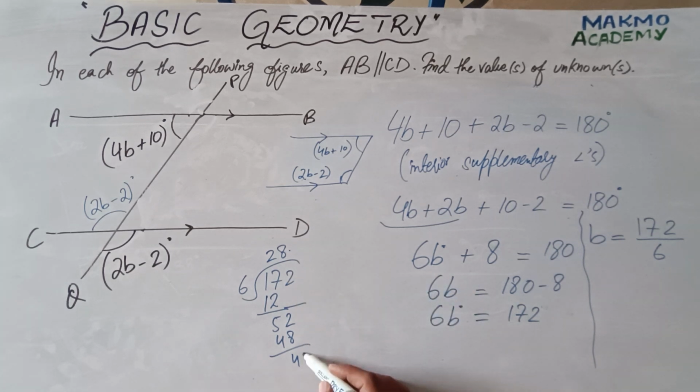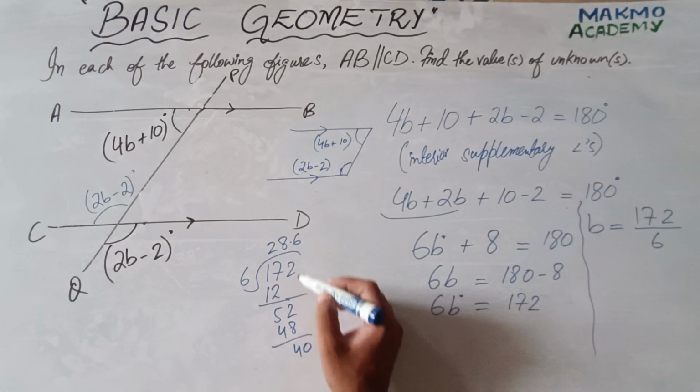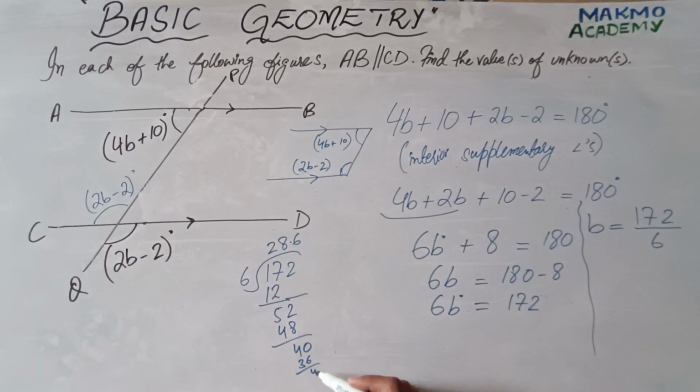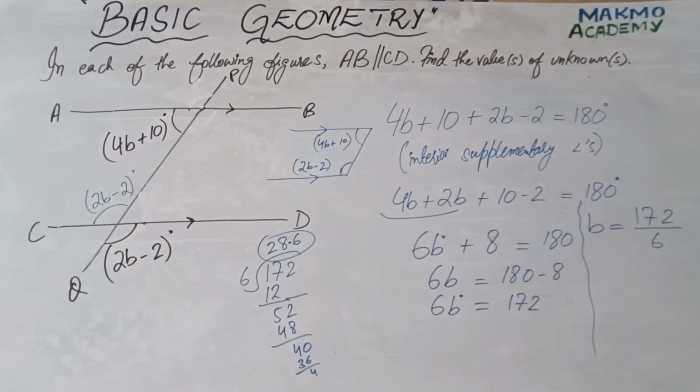Put a decimal point. 0. 6 sixes are 36. Now this will keep on going in the same way, so it means that this is the final answer. So b is equal to 28.6 degrees. This is your final answer, and this is how we can find the value of the unknown.